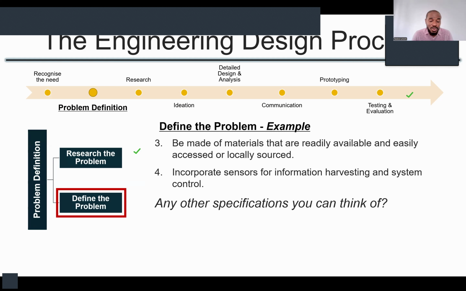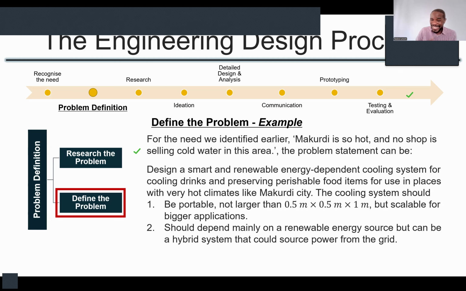All right? So our design must include sensors that will read for us the various parameters involved in cooling so that we can also control the system. Because once you say it's smart, that means it should be able to receive inputs and run in a certain way.